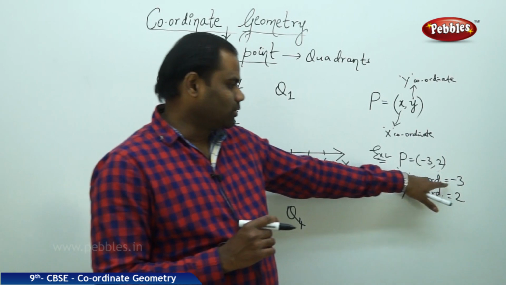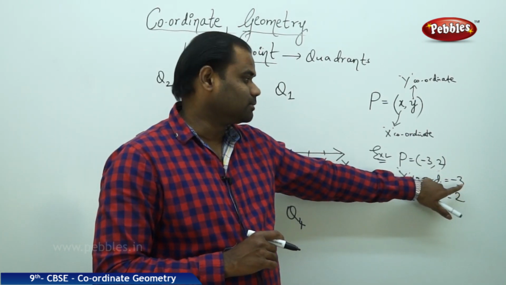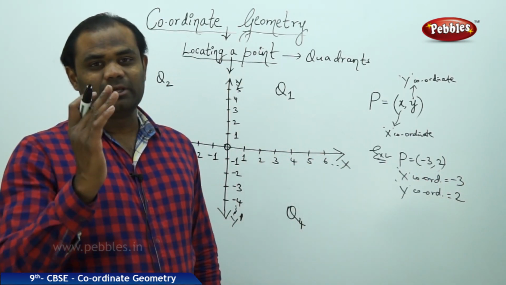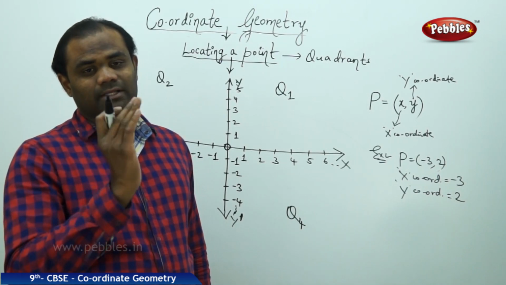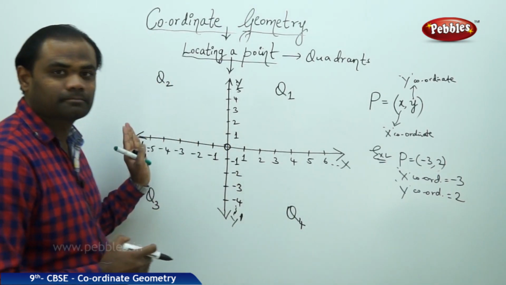As we know that the x coordinate is negative in this example problem, clearly I understand that being negative, the x value lies on the left of the origin.